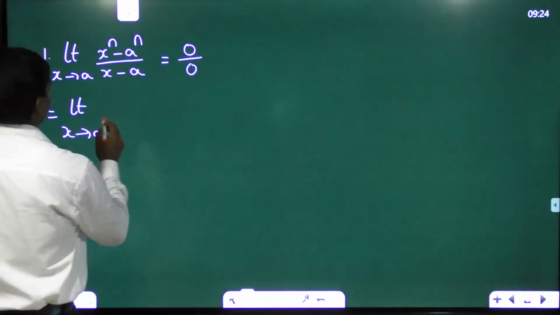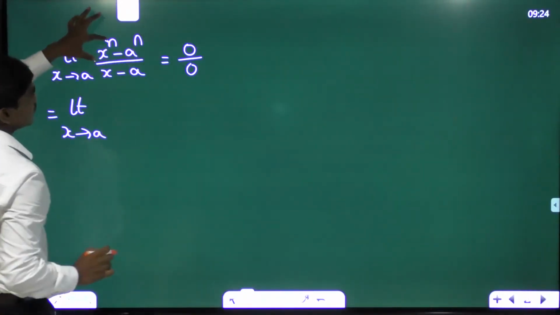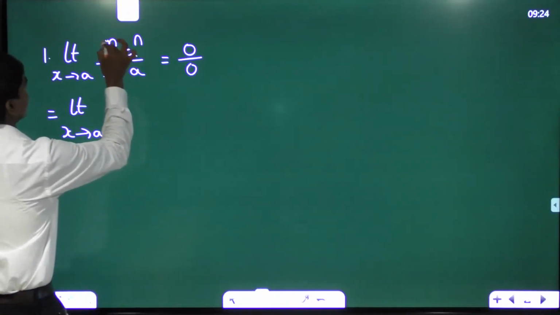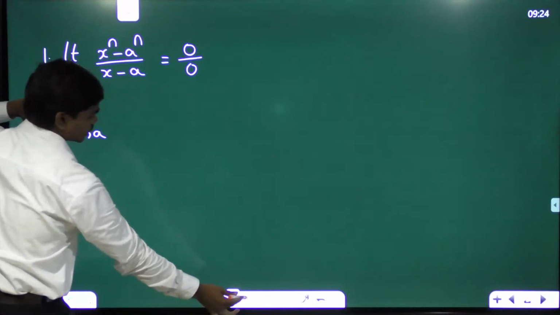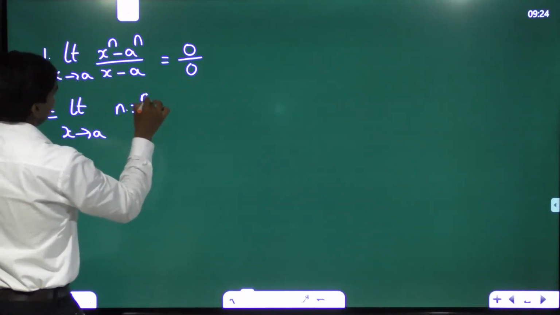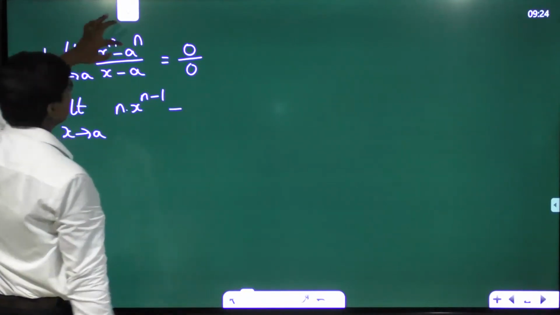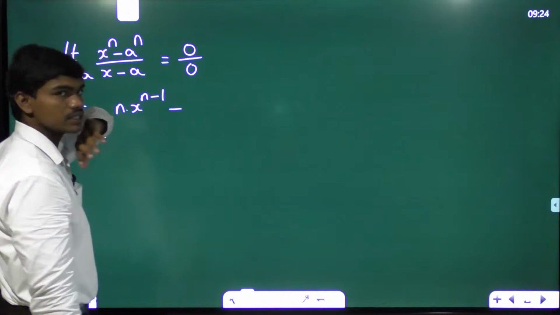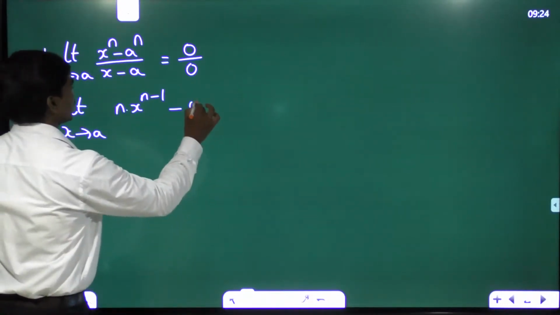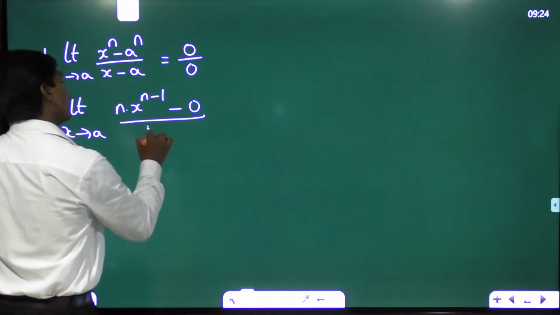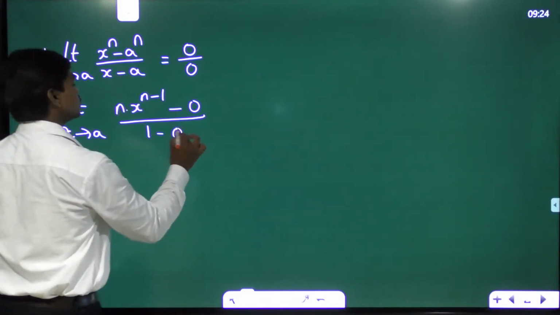Let us see this. You can differentiate this function separately. Differentiation of x^n. What's the differentiation of x^n? Just now we have seen n into x^(n-1) minus differentiation of a^n. You know both a and n are constants, so a^n is also a constant, and derivative of the constant is 0, divided by differentiation of this x is 1 minus derivative of this a is 0.